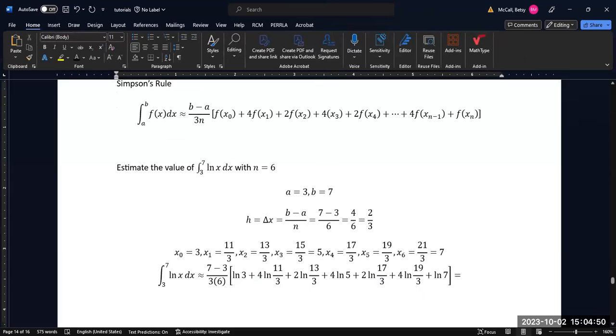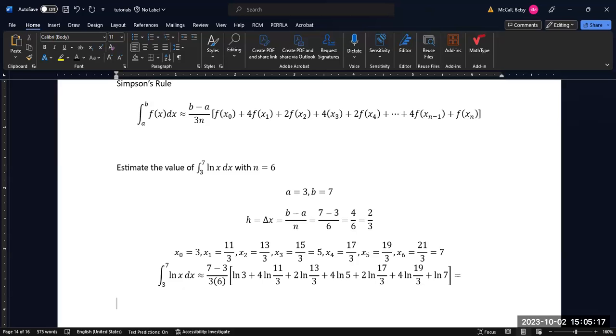And so now we have to put that in our calculator. Be careful with your parentheses. Log 3, plus 4 log 11 over 3, plus 2 log 13 over 3, plus 4 log 5, plus 2 log 17 divided by 3.